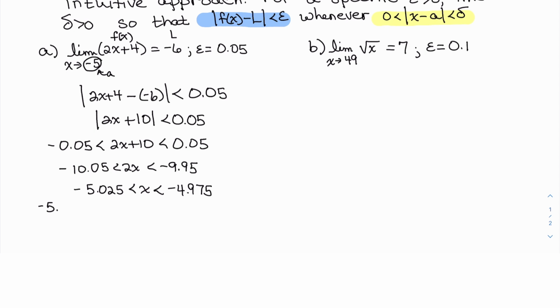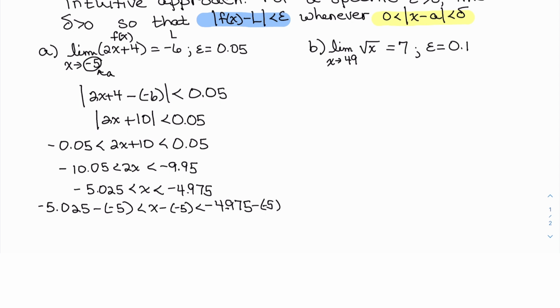So it's negative 5.025 minus my a, so minus my negative 5, less than x minus my a, so minus my negative 5, is less than negative 4.975 minus my negative 5, the a value.